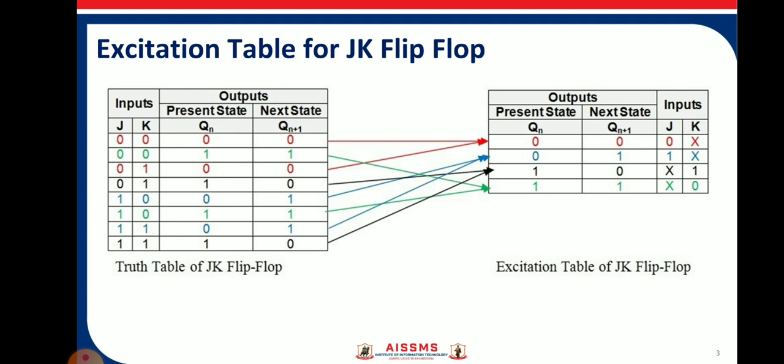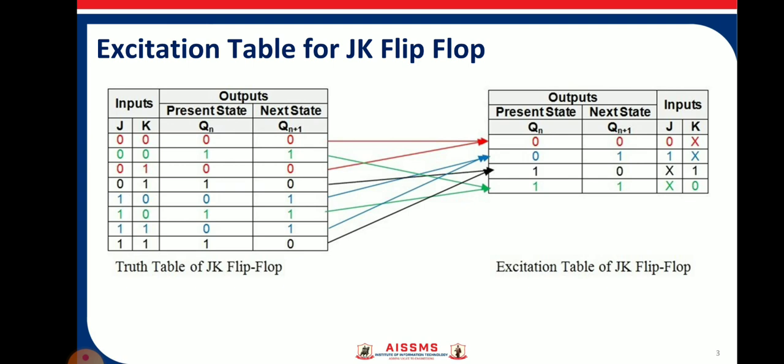After that, in the next state column, we write down the truth table of a JK flip-flop. As we know, if J and K are 00, the next state will be similar to the present state. So if Qn is 0, Qn+1 is 0. Similarly, if J and K are 00 and the present state is 1, the next state will also be similar to the present state, so it is 1.